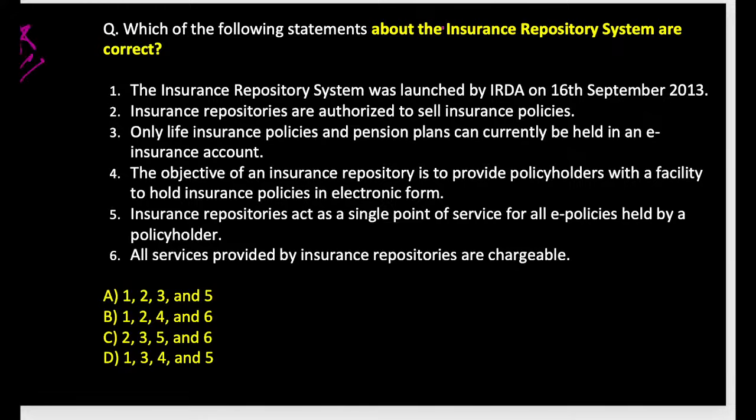Which of the following statements about the insurance repository system are correct? So insurance repository system, let's try once.